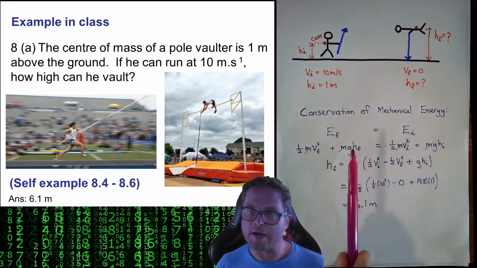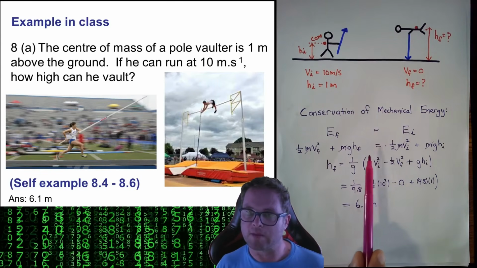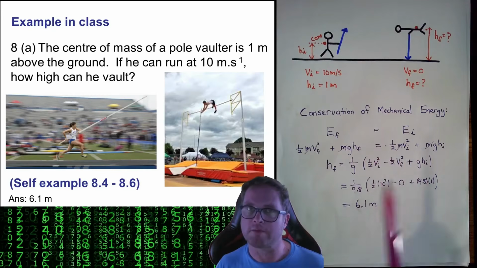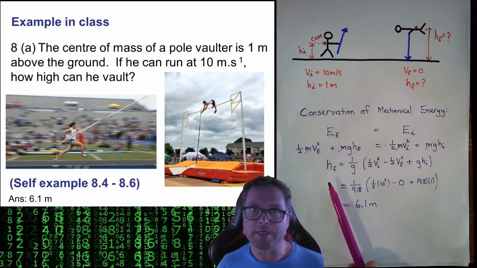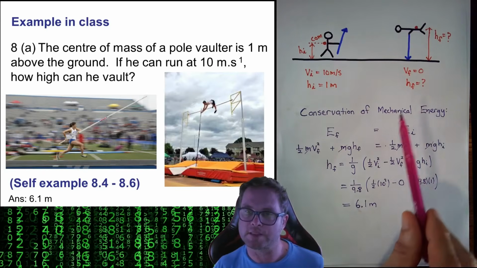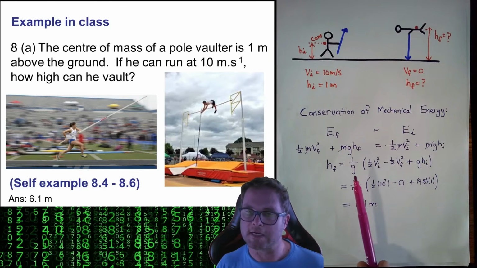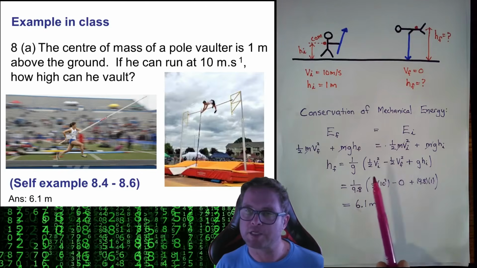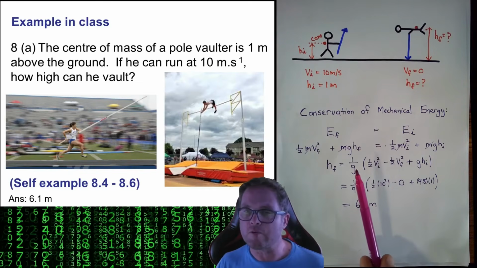You'll see that throughout this line we have the mass of the pole vaulter appearing everywhere, and for that reason we can cancel out the mass. And then we can simply rearrange for the final height. Remember, that's what we were trying to find, and this turns out to be given by this expression here. We in fact know all the terms.